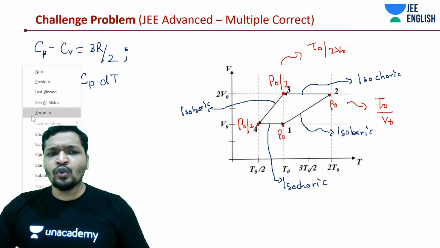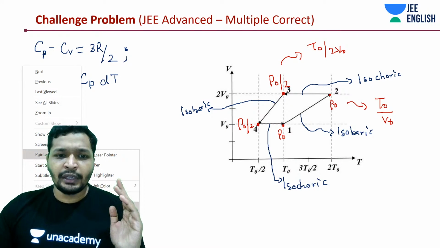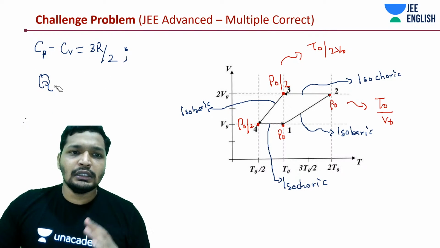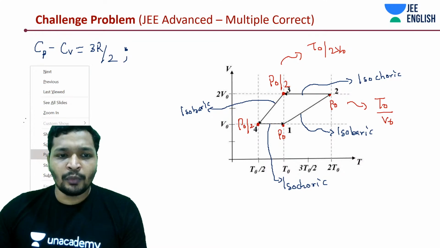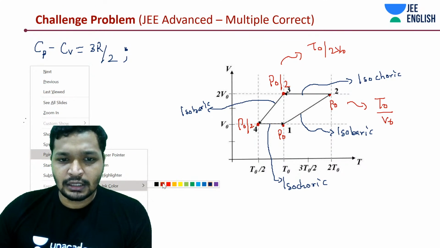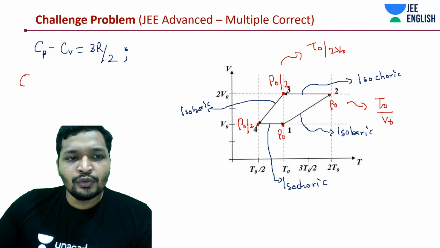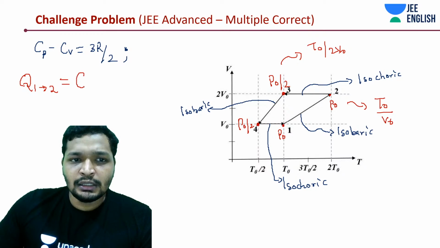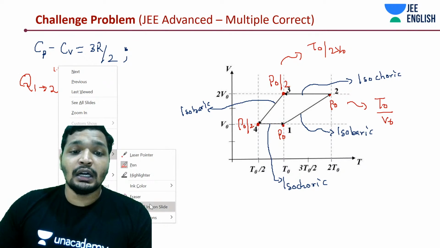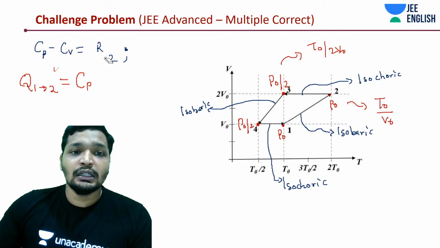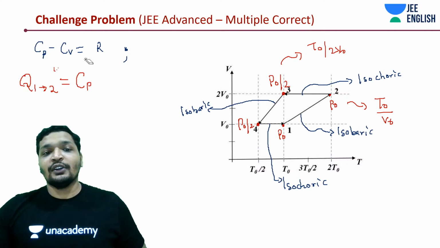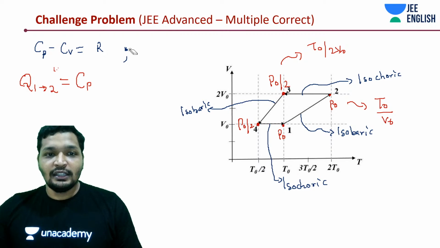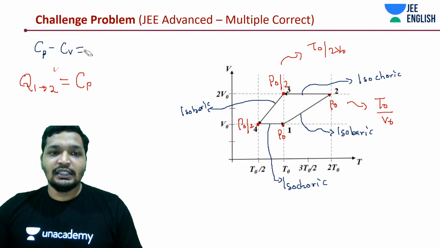Since 1 to 2 is isobaric, we are talking about 1 to 2. Q1 to 2 is an isobaric process. Sorry guys, it's R. This should be R. CP minus CV is R, not 3R by 2.